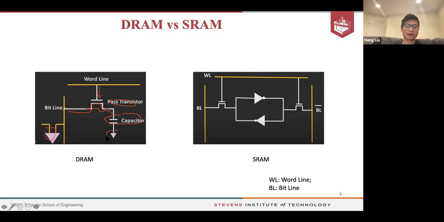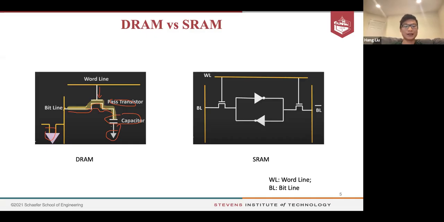And then this side is connected to the ground, right? Whenever we read something, it essentially means the capacitor has released its charge.